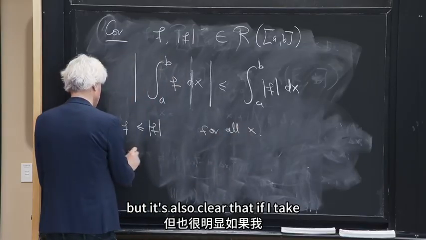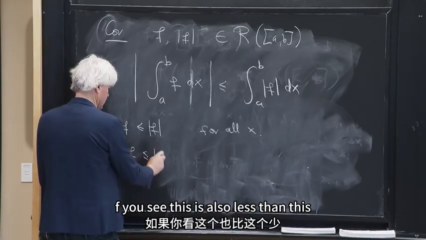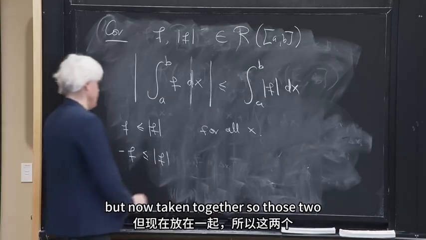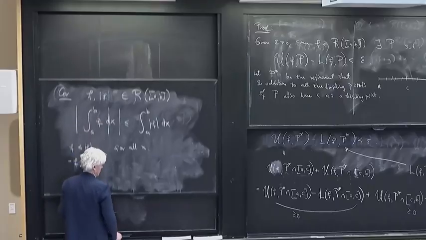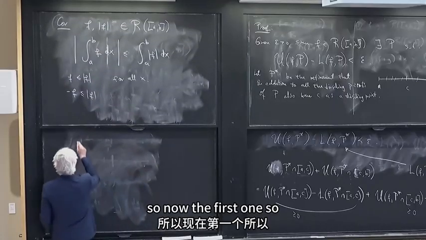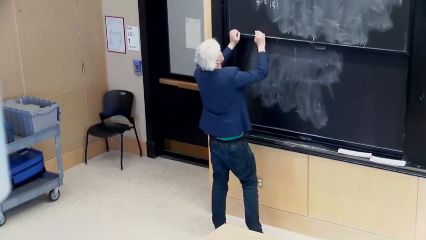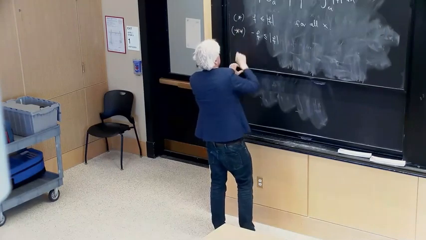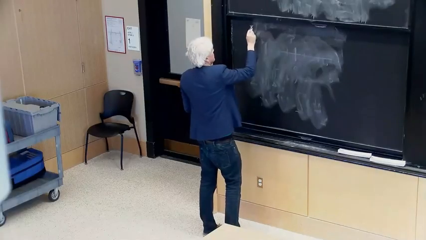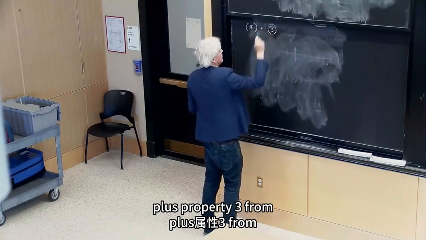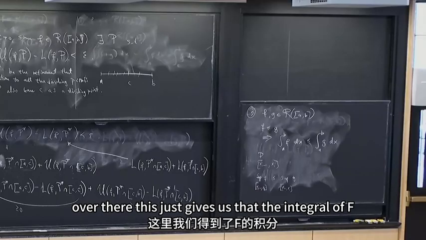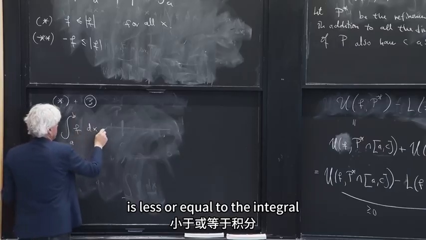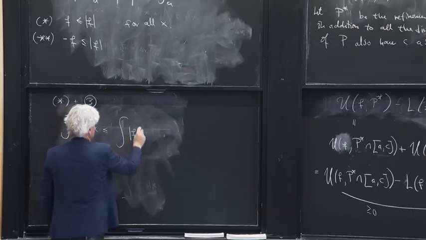But it's also clear that if I take minus f, this is also less than the absolute value, right? Taken together, let's call the first one star and the second one double star. Star plus property 3 from over there just gives us that the integral of f from a to b dx is less or equal to the integral of the absolute value.